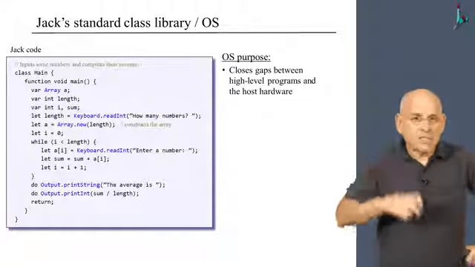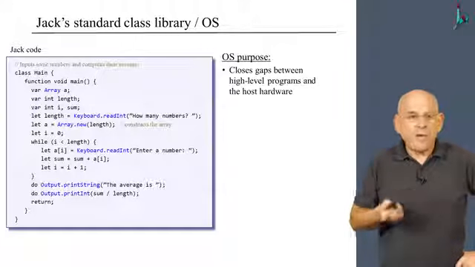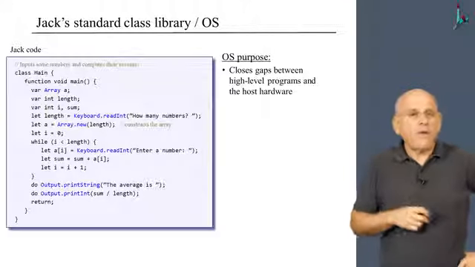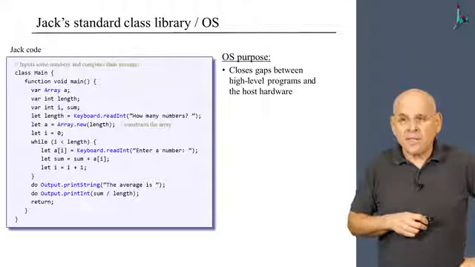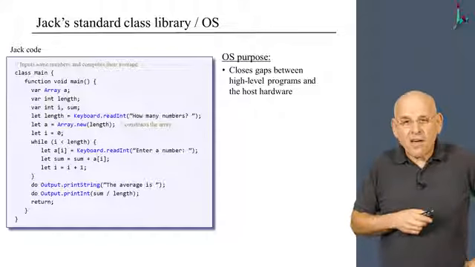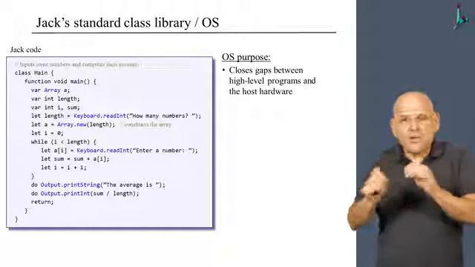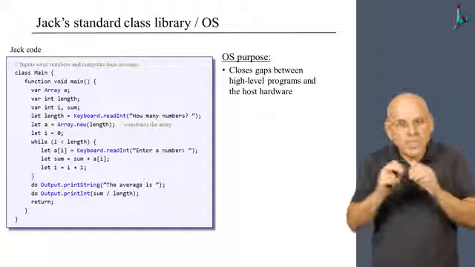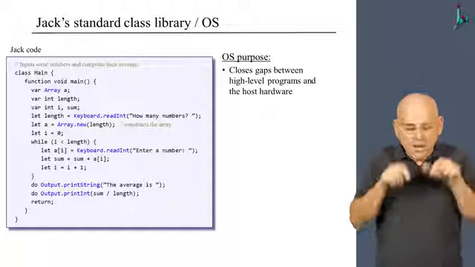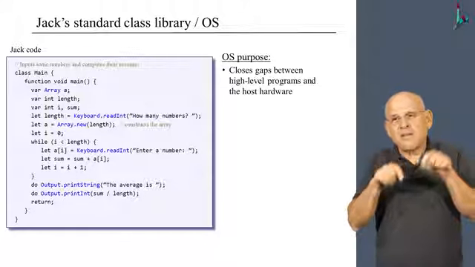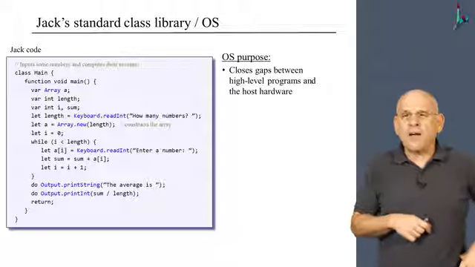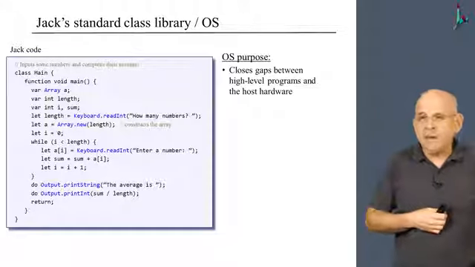And indeed, you see in this code example here that if you want to read something from the keyboard, you have an OS routine that does it, Keyboard.readInt. And believe me, writing this routine is a pain because you have to get into the keyboard and read the scan keys and turn clicking on keys into integers and strings and so on.